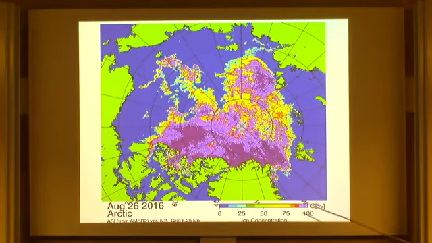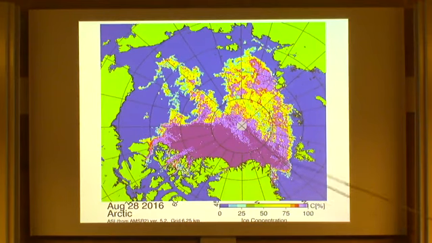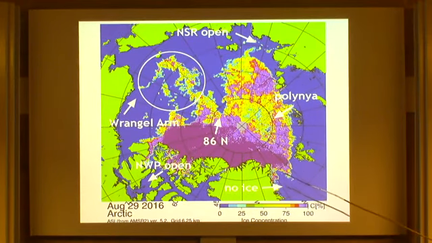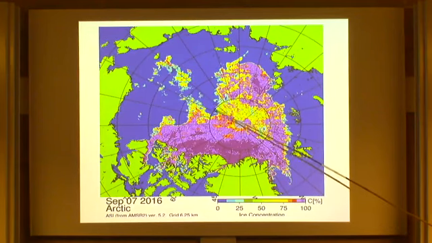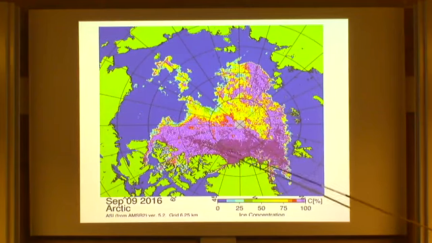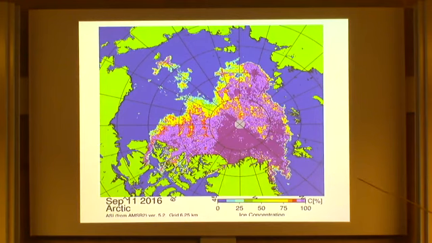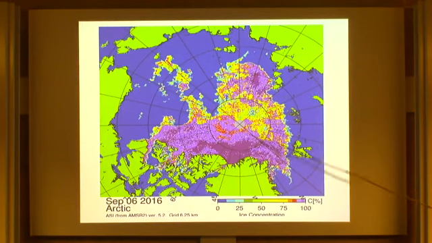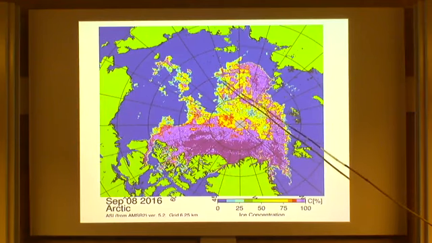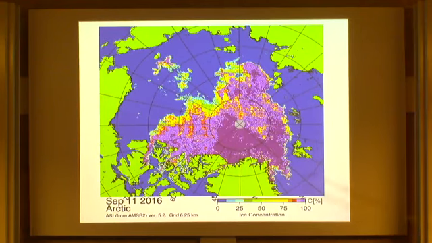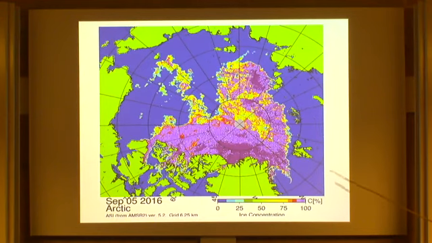And we see in 2016, at the end of August, beginning of September, quite similar to 2012, a large area of ice fraction vanishing due to the impact of a cyclone, but it was 3 weeks later, so the impact was quite weak.